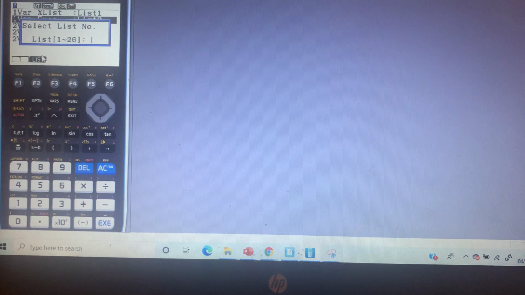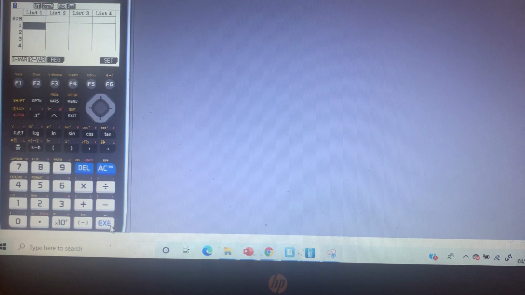If it doesn't say list 2, click on list and enter 2. You don't need to worry about any of the other stuff. So press execute and we are using 1 variable.